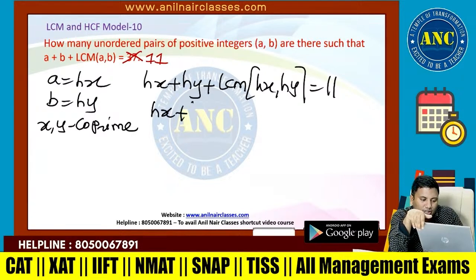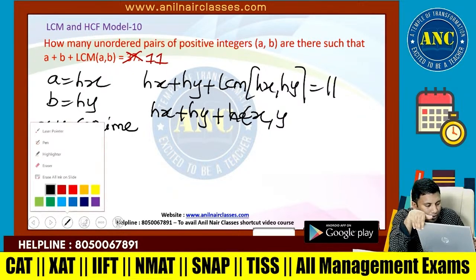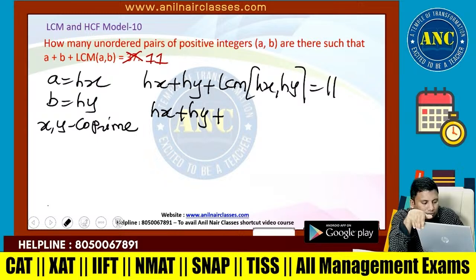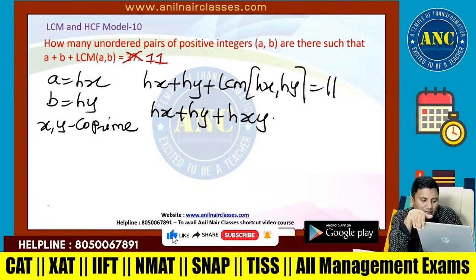Hx plus Hy plus H of... Banu, I will come back to it. Good doubt you have asked. Hx plus Hy plus Hxy equivalent to 11.